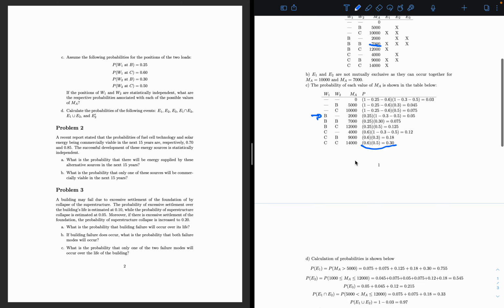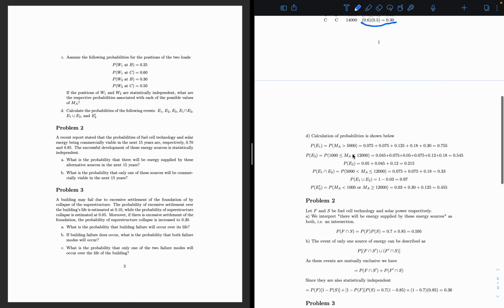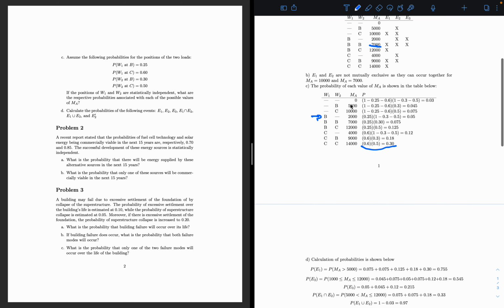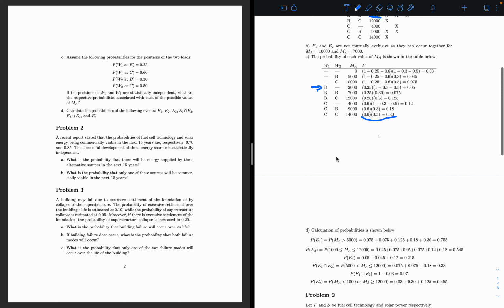What we can do, because they're mutually exclusive, for example, this combination can never happen at the same time as this one, right? Because you've got W1 at B, and then W2 not being applied, which can never happen at the same time as W1 being applied nowhere and W2 not being applied anywhere.